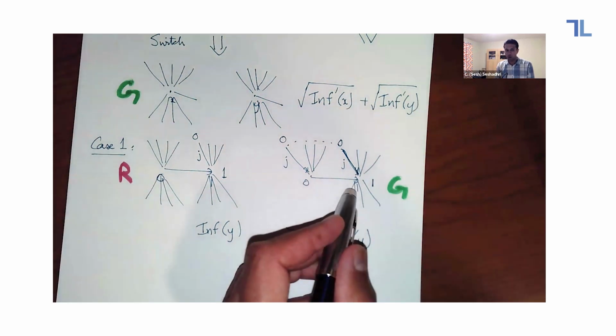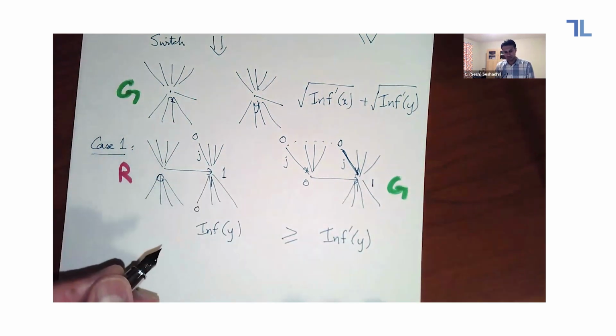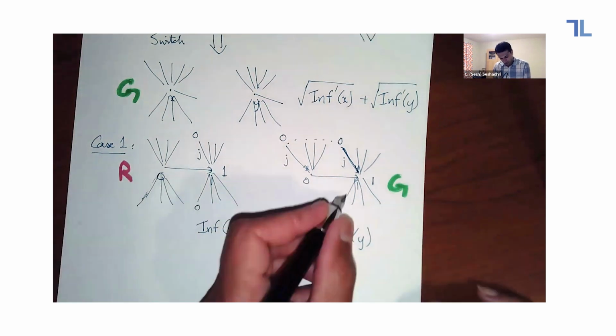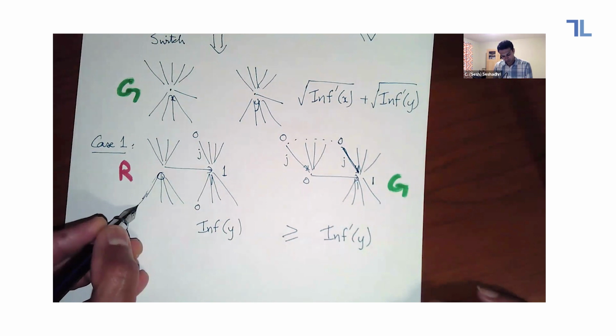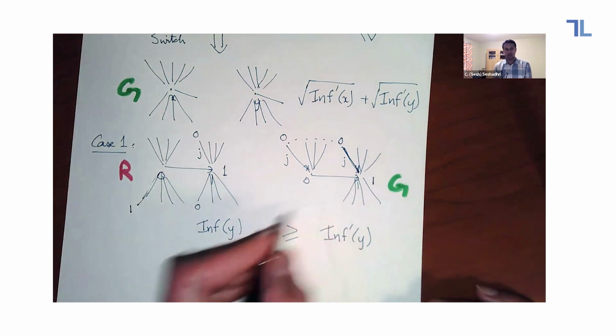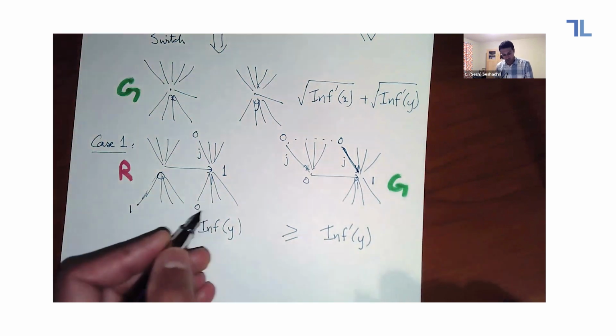If you look at a 1 which had a 0 associated with it, in this picture, if this was a 0 and this was a 1, then actually on switching, you're going to lose influence, which is even better for you. So the influence can only decrease on doing a switch.